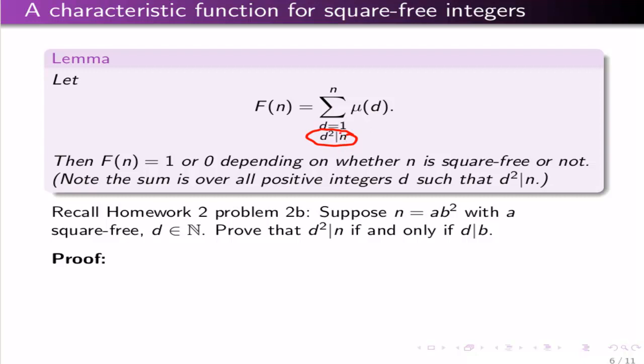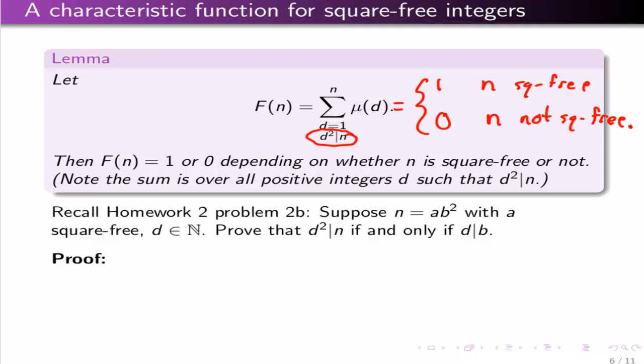Then I claim f of n is 1 or 0 depending on whether n is square-free or not. So if n is square-free, this equals 1. And it'll equal 0 if n is not square-free. So it's divisible by the square of some prime.